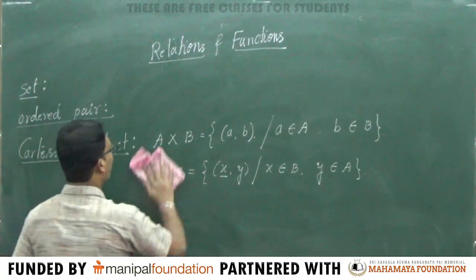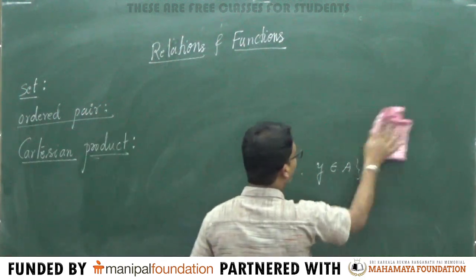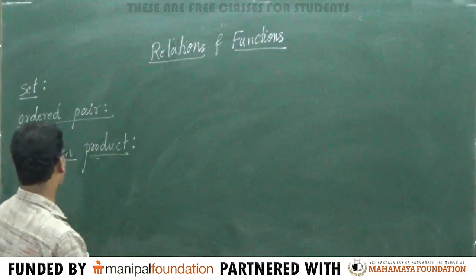So after knowing the Cartesian product, the next concept is the relation.